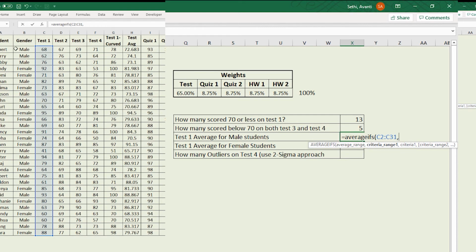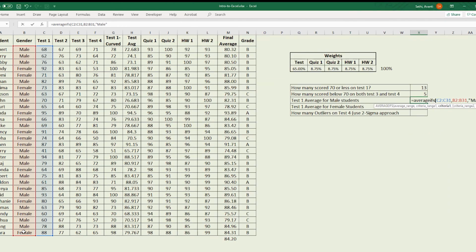That gives .53 for male. And for female, we do exactly the same thing, 78.92.